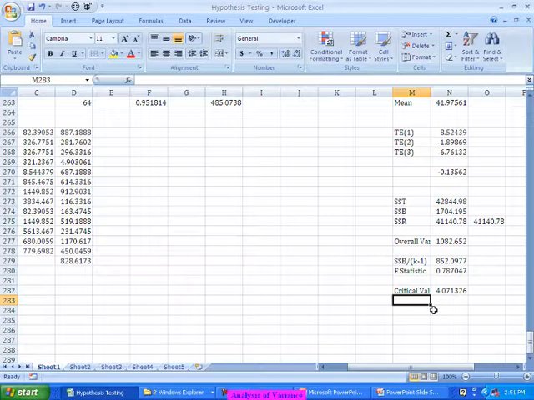So at least at 95% level of confidence or 5% level of significance, we can easily conclude that there is no big difference across the means of the three sets of treatments. Because if there had been a significant difference, then obviously your calculated F statistic would be higher than the critical value of 4.07.